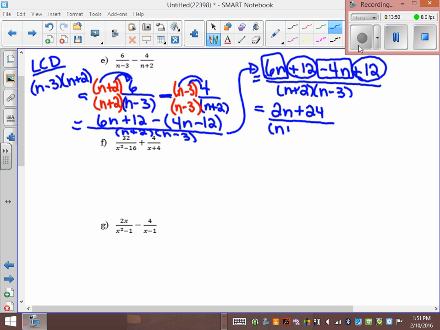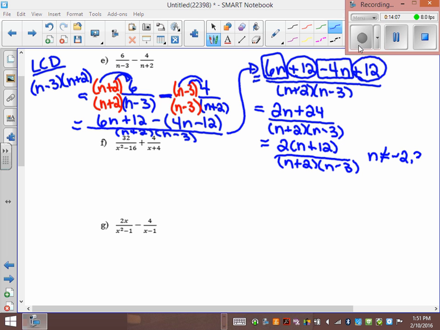On the top, you could possibly have the answer 2n plus 12 over n plus 2, n minus 3, and n can't equal negative 2 or 3.